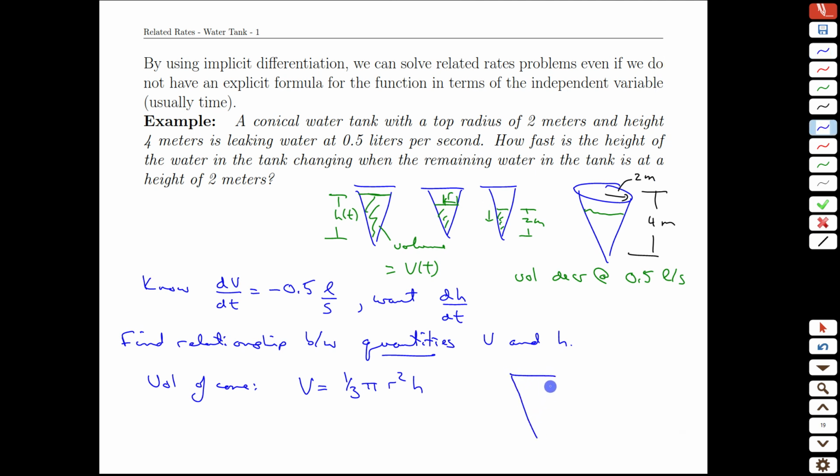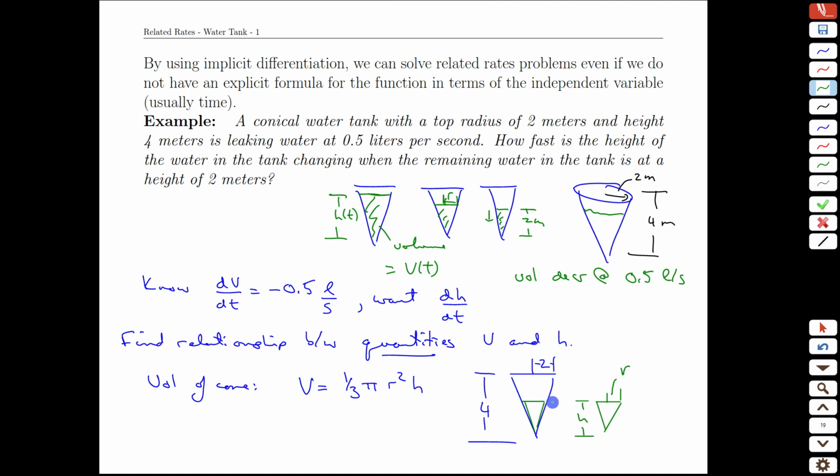One defining the top part, or the absolute outer cone, and inside that we have the water cone, which we can draw off to the side, and we're interested in that cone in h. Well, we already defined that as our interesting variable, and we also have r for that cone.